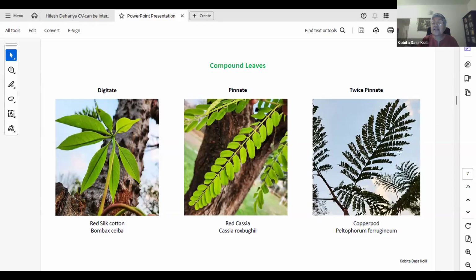These characteristics you most probably have noticed before, but take a good look. Take a little time to figure out whether it is a compound leaf, as all these three are, or whether it is a simple leaf as shown in the previous slide, and take the picture accordingly.